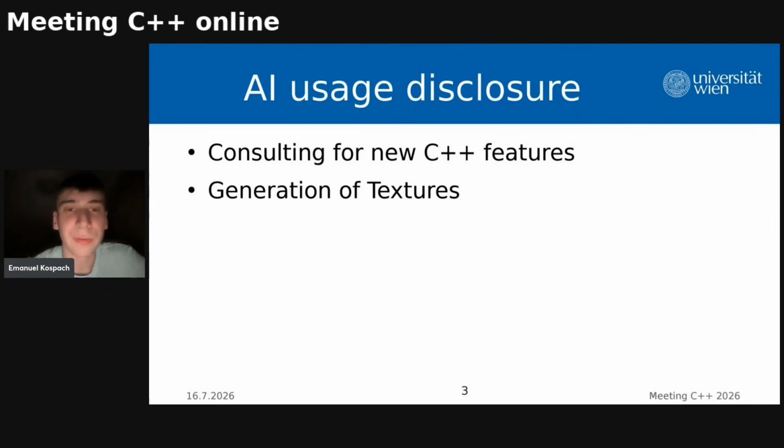I did use AI for consulting on new C++ features because I found it really helpful if, for instance, I had an idea of how I would make something, and I was a bit unsure if it was the most elegant or most up-to-date way to do it in C++.